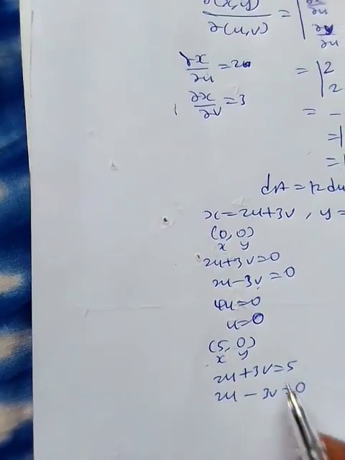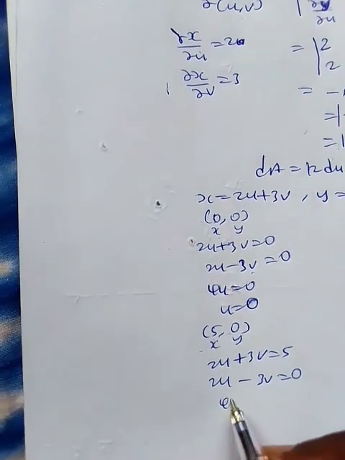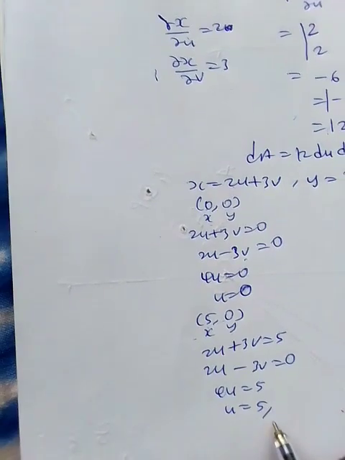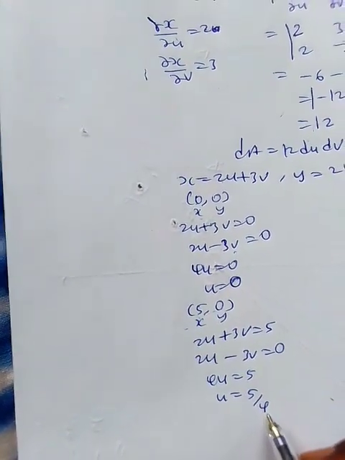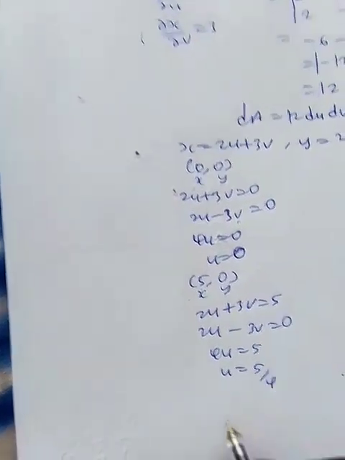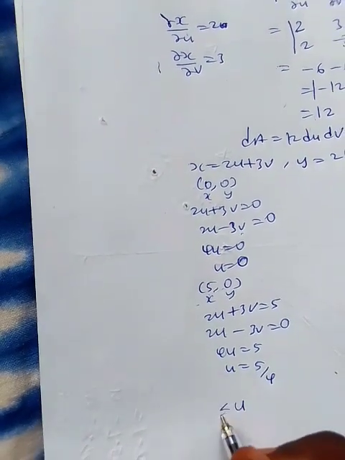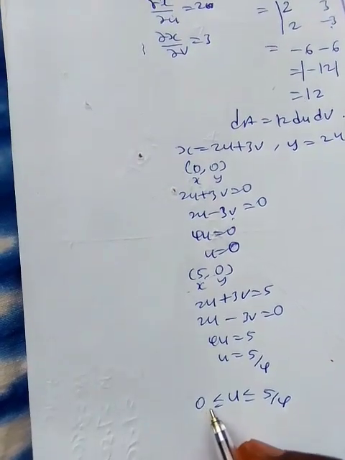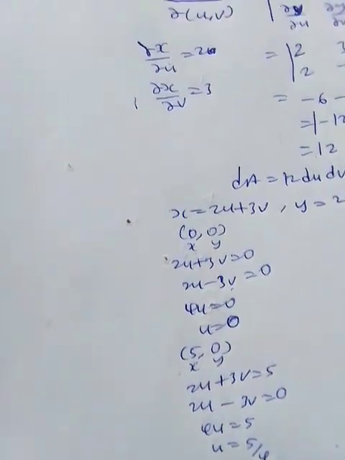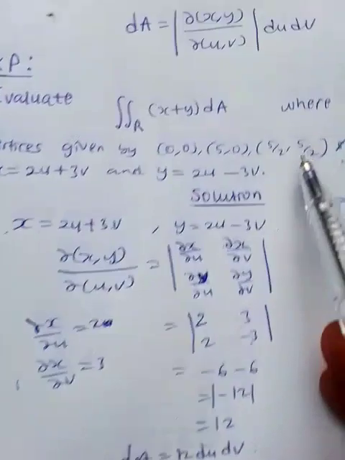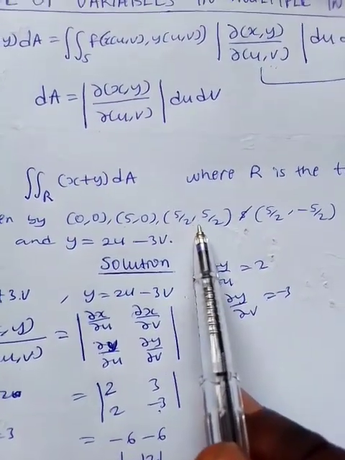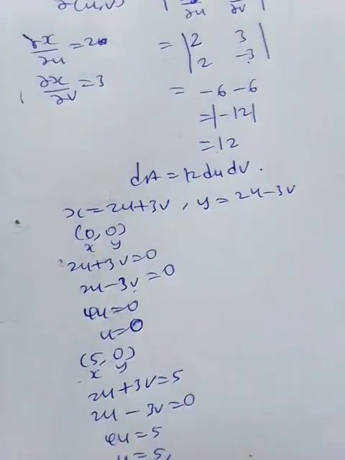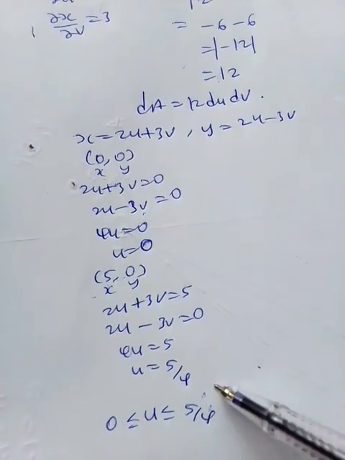So when we add these two together, we're going to have 4u equals 5, which is u equals 5 over 4. So we can conclude that u lies between 0 and 5 over 4, because 0 is strictly less than 5 over 4. If you do the same thing to the other vertices, you're going to have 0 and 5 over 4 as we obtained here.